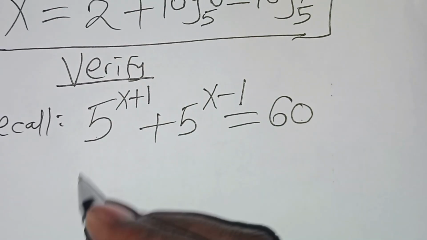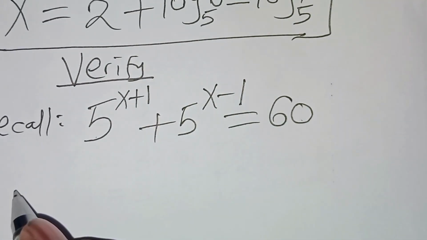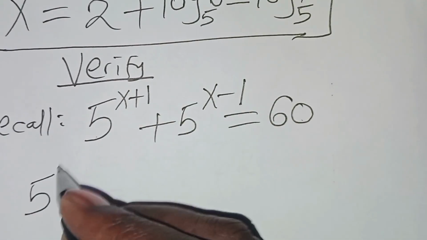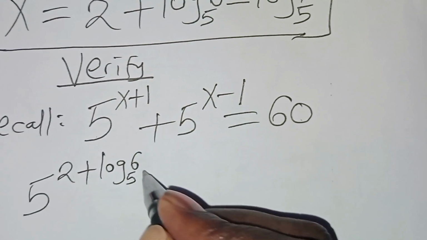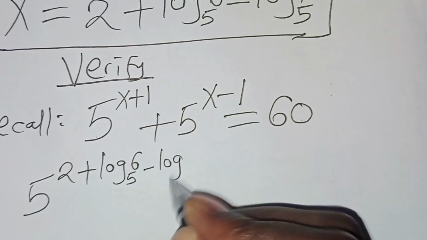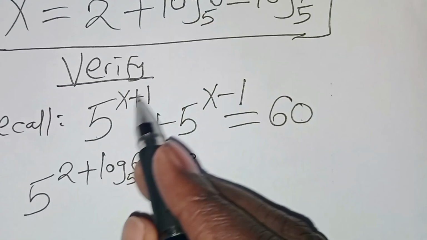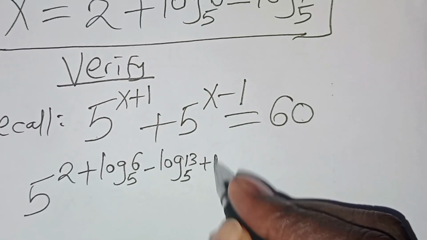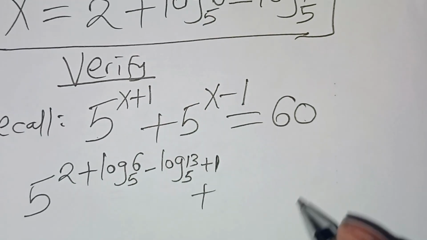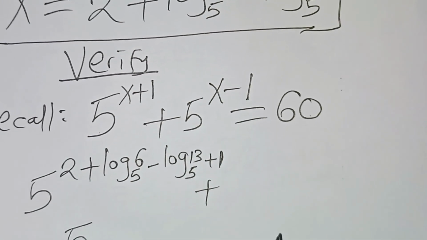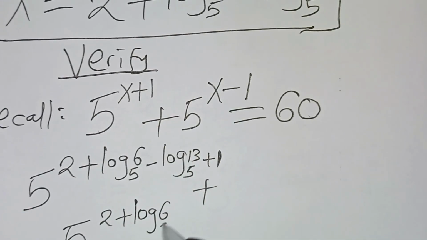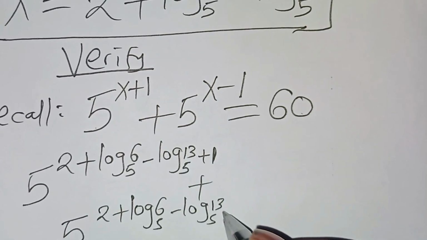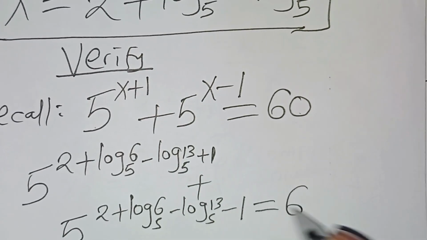Substituting the value of x here, we will have 5 to power 2 plus log 6 to base 5 subtract log 13 to base 5 plus 1, plus 5 to power 2 plus log 6 to base 5 subtract log 13 to base 5 subtract 1, and this is equal to 60.